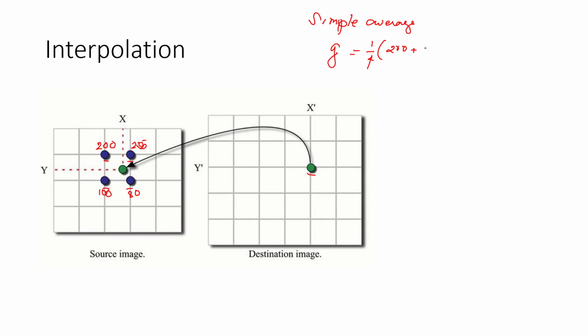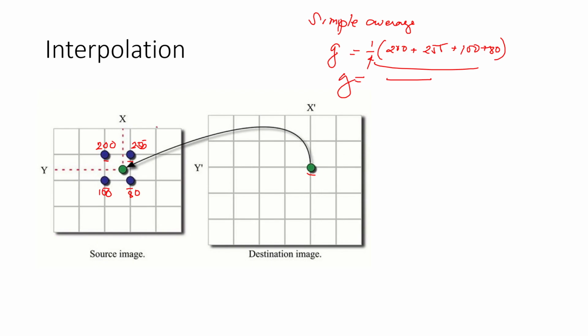So if my given values are 200, 255, 100, and 80, I get the average, and whatever value we get will be the intensity that we copy and apply to our position.